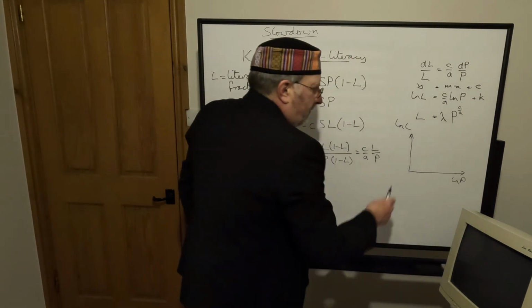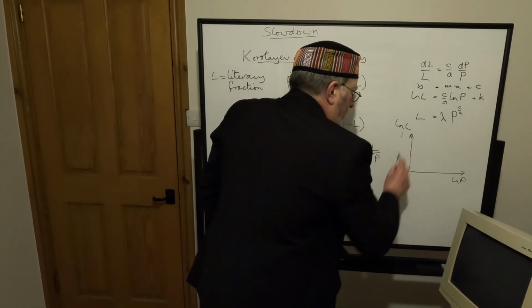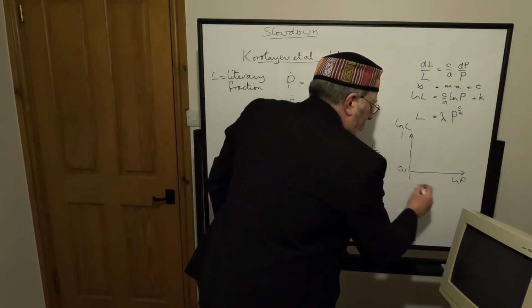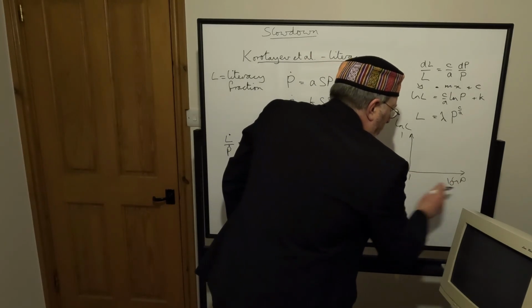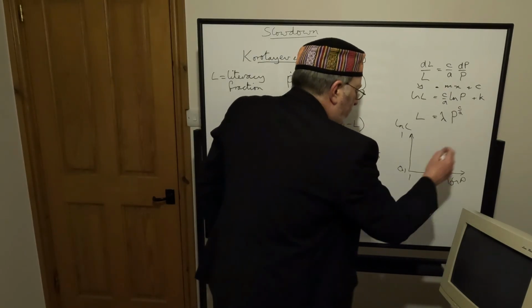So anyway, what Korotayev and co do is they do a log-log plot of log L against log P, for the literacy fraction going from 0.1 to 1, and log of P, well, we can write from 1 billion to 10 billion, so that's an order of magnitude there.